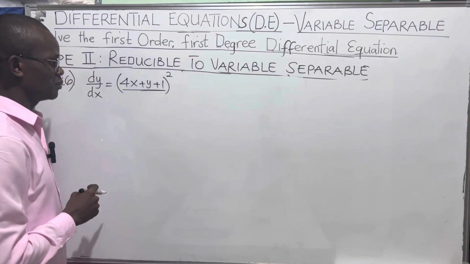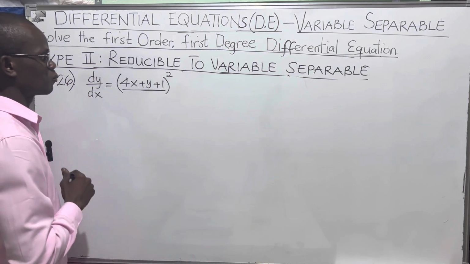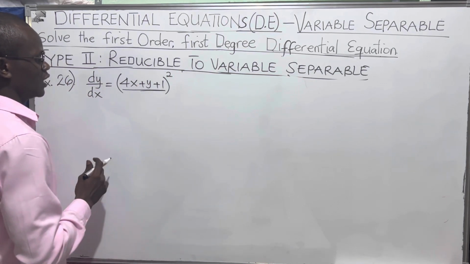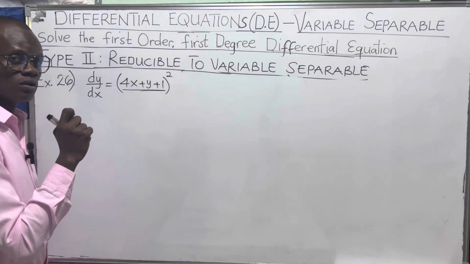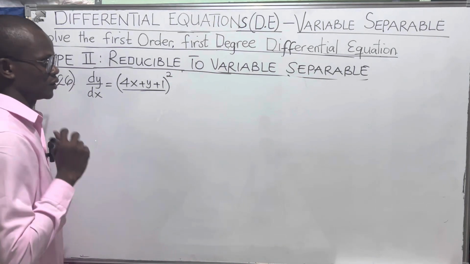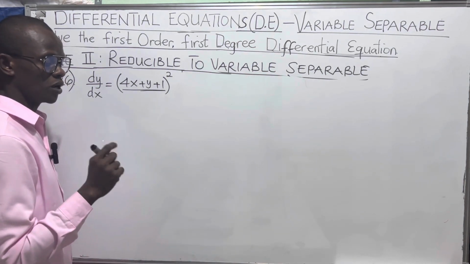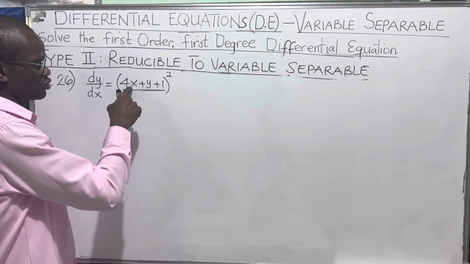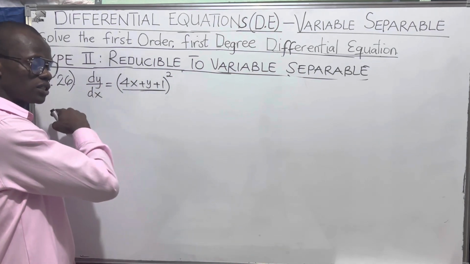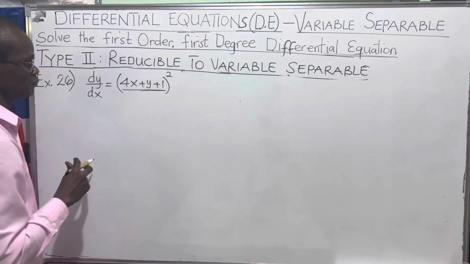Like we represent this whole thing with some variable t or u or v, and then we differentiate that variable. We want to consider that variable as a new function. So we will have two functions now in the problem, but with one independent variable, that is x.